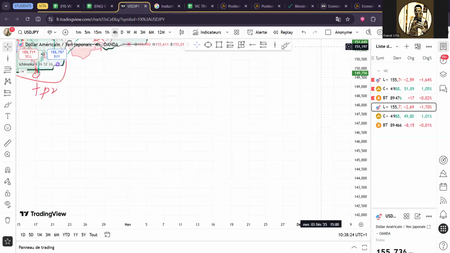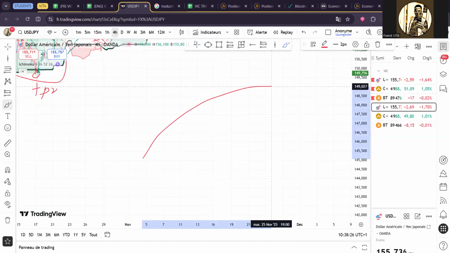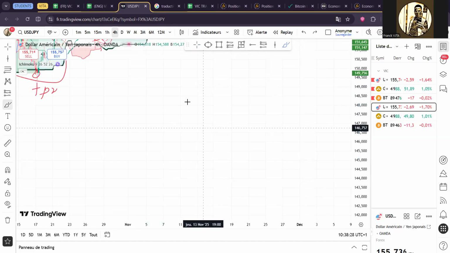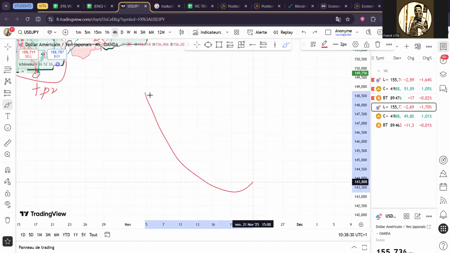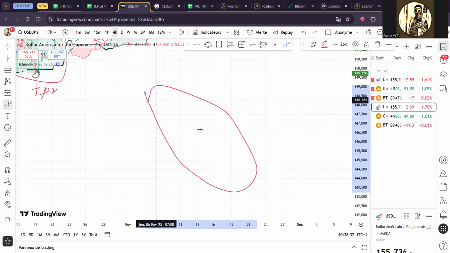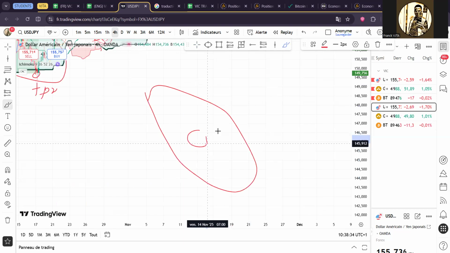So basically what we got is a correction downward like this, right? You have the correction here. You have the entry number one, this is the empty space.